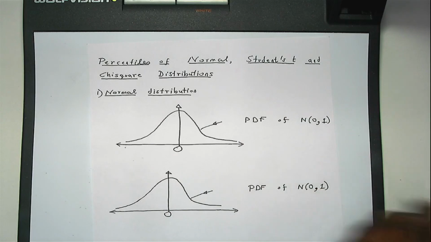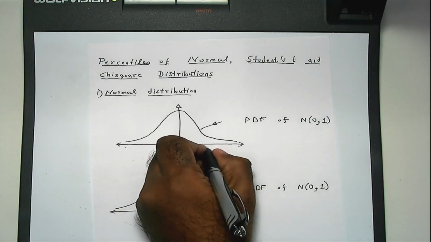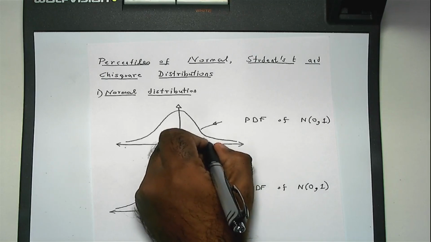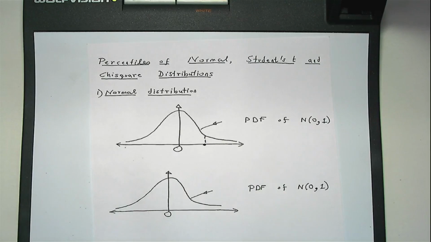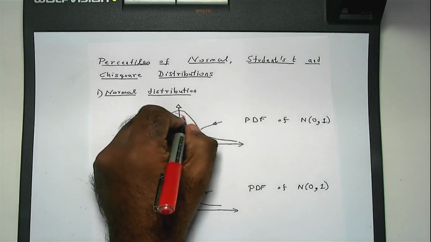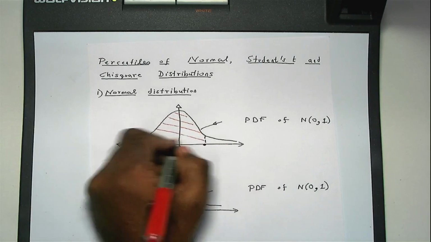Now, what I mean by percentiles is the following: suppose you have a point here, right? And the area to the left of this point, that is this area here, suppose this area is equal to alpha, right?